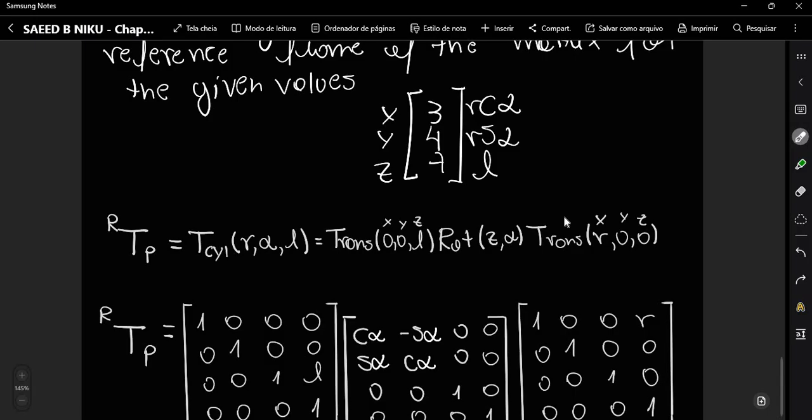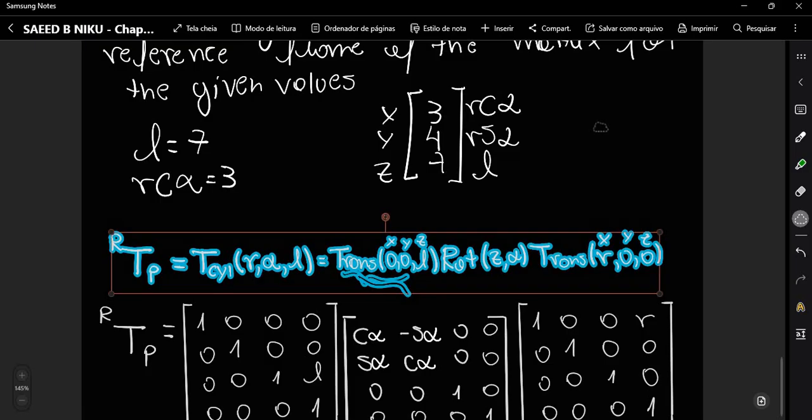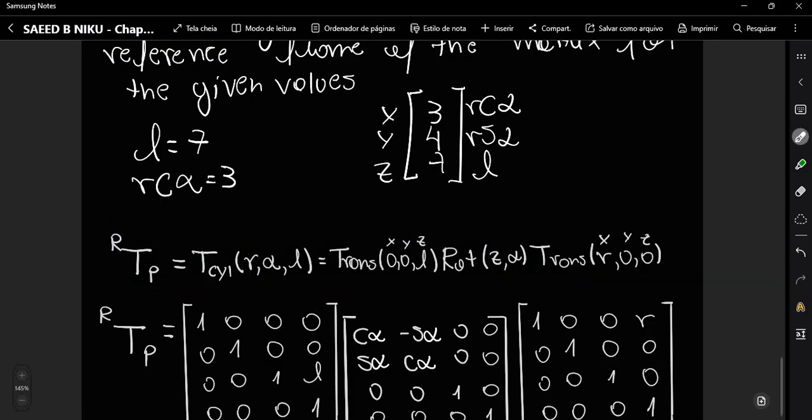So L7, R cosine of alpha is equal to 3, and now R sine of alpha is equal to 4.